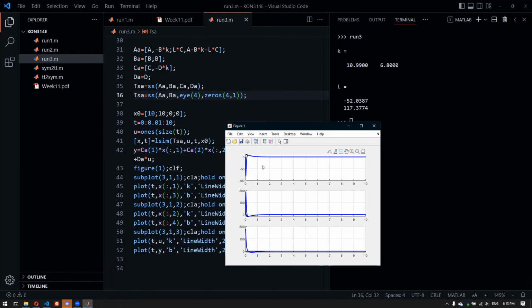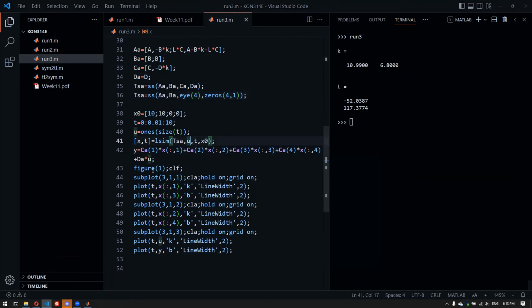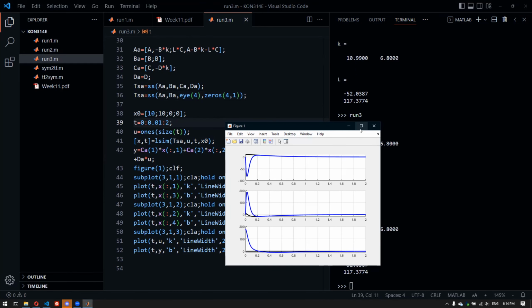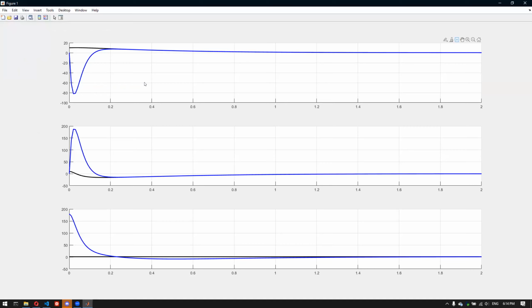This is basically it now. So 10 seconds of simulation time is a bit much. I guess we should maybe use 2 seconds of simulation time, and even less than that could be used here. So we see that our actual system state starts at 10 and goes slowly down here, and our observer starts in the wrong direction, and then it kind of estimates it, and it has a 0.2 settling time.